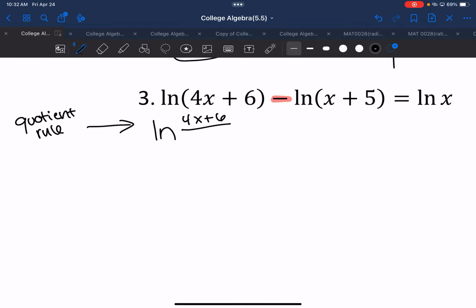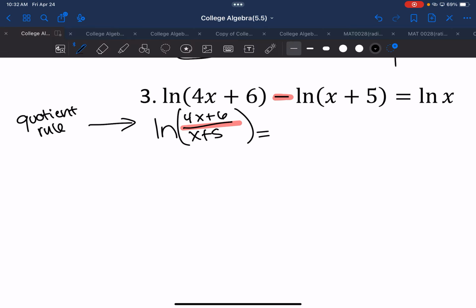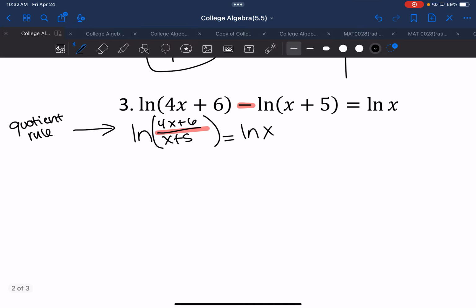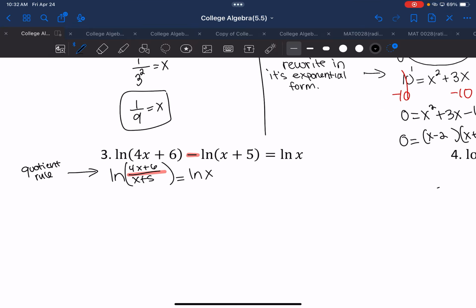So that's combining it into one ln expression using division. And then this would be equal to the ln of x over there. Okay, so this brings me to the second case up here that I had starred.